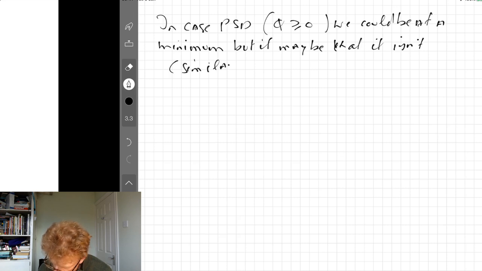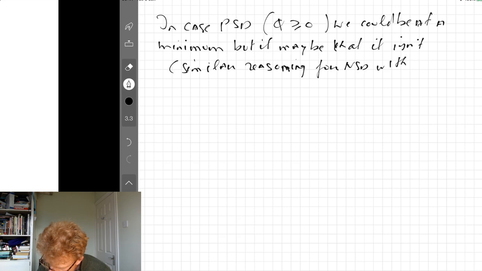Similar reasoning for negative semi-definiteness with Q less or equal than 0. So that doesn't necessarily give us a maximum.